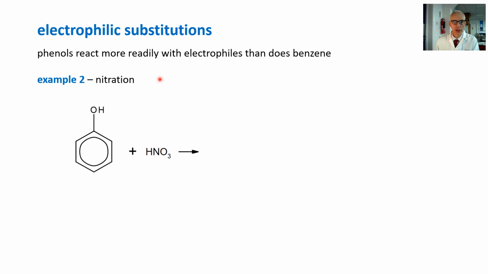So let's take a second example, nitration. So here is phenol and here is nitric acid. The reaction proceeds on a 1-to-1 ratio between phenol and nitric acid, but there are 2 positional isomers formed.